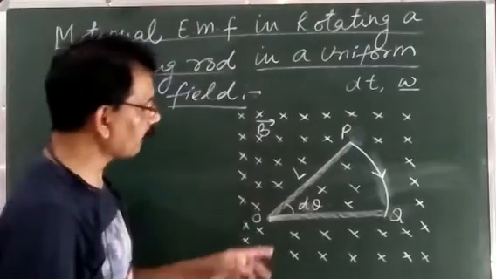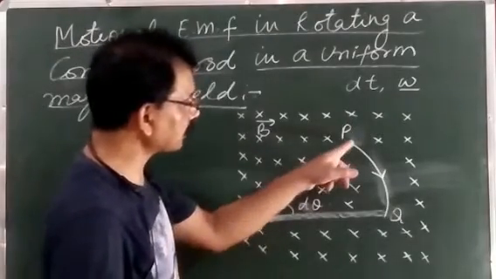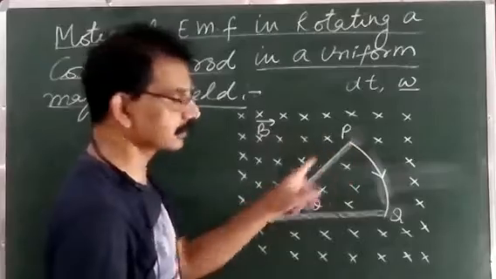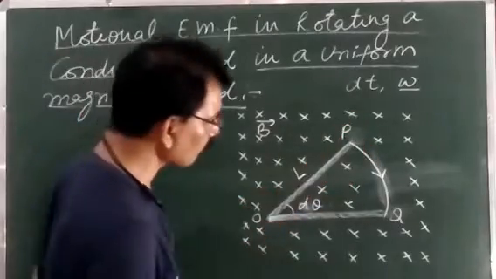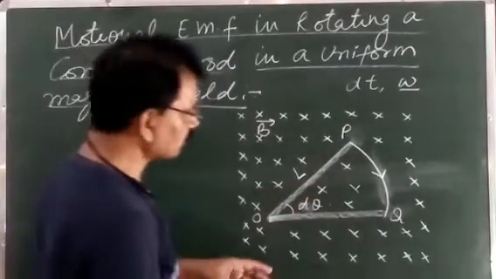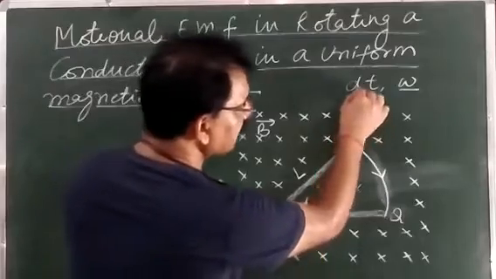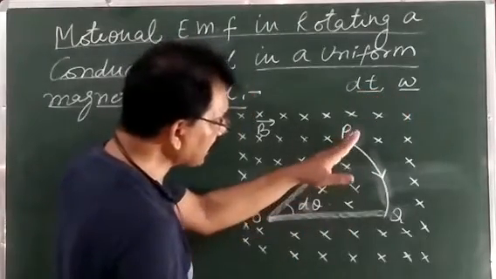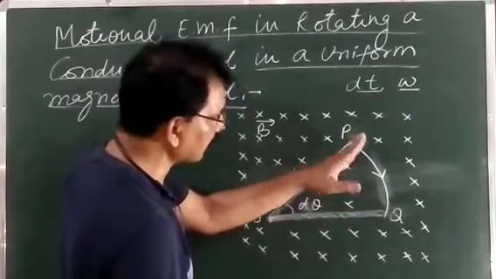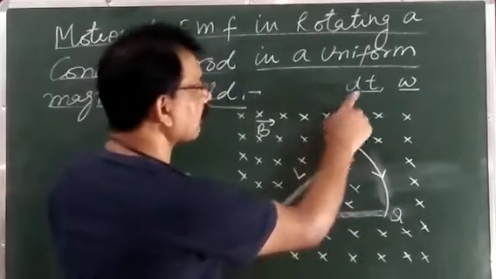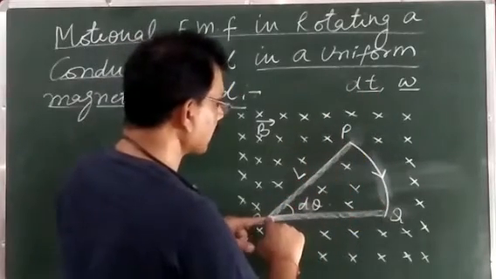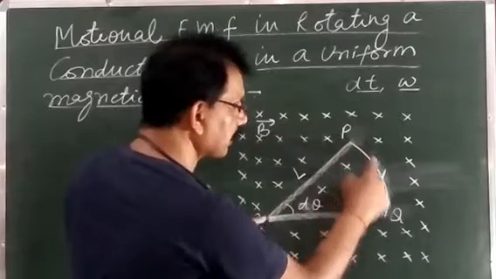Then our aim is to find how much induced EMF is set up across the ends of this conductor. For this purpose, first we find the area covered by this conducting rod in time dt, which is the area of OPQ.